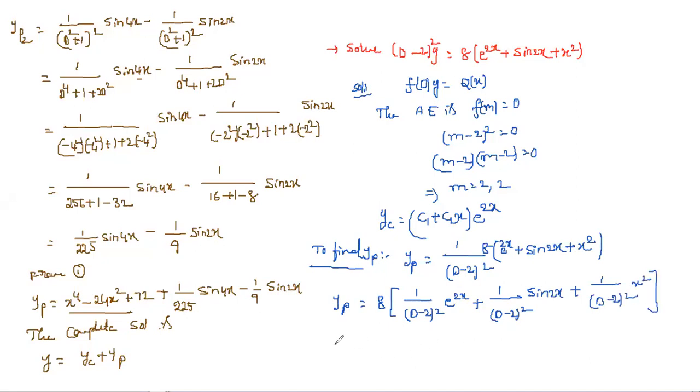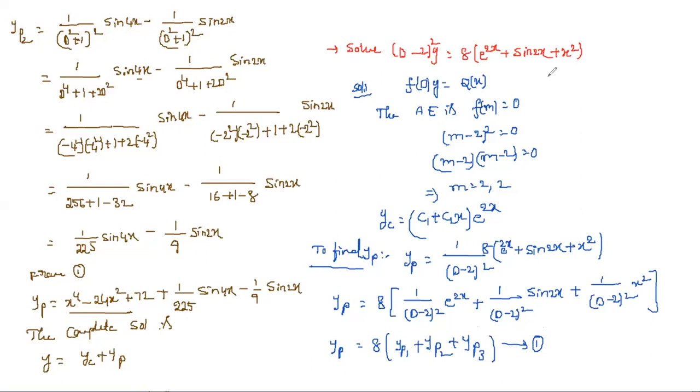You can give names for these: this is nothing but 8 into yp1 plus yp2 plus yp3. Now we need to calculate one by one, and let this be taken as equation 1.